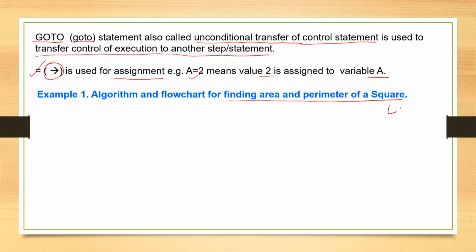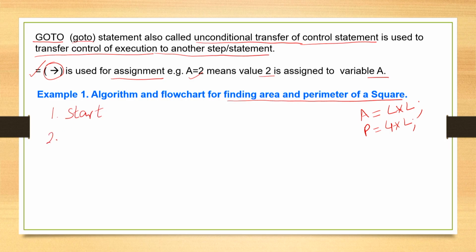Similarly, for finding the perimeter, the formula is 4 into L. So L into L is for the area, and 4 into L is for the perimeter. So how can we write the algorithm? Simply, first one is the start.